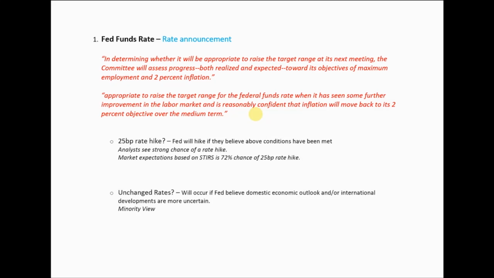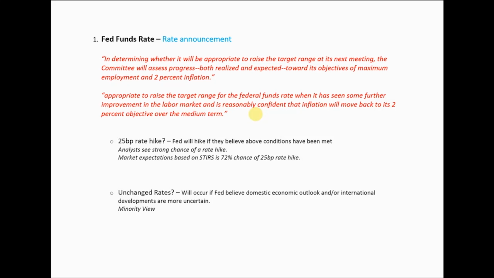unlikely. It's a minority view, but this will occur if the Fed believe the domestic economic outlook and or international developments are more uncertain. Obviously, in the last week or so, we've had weakness in China, depreciation of the yuan, weakness in the emerging markets, weak equity markets. Will that tilt them?